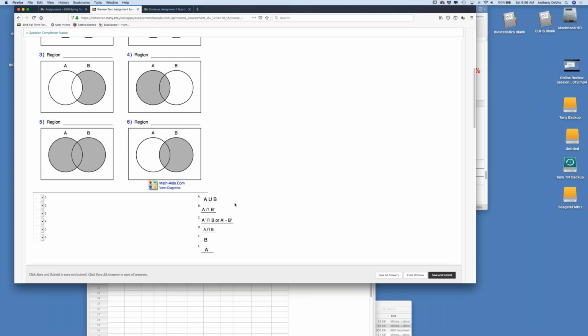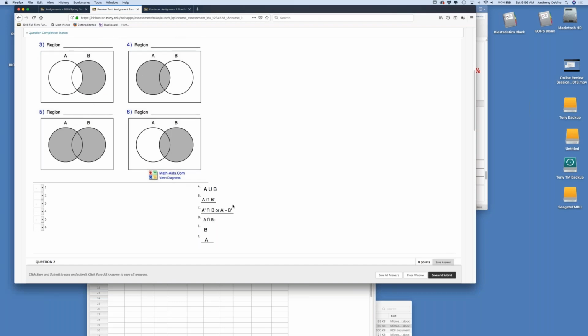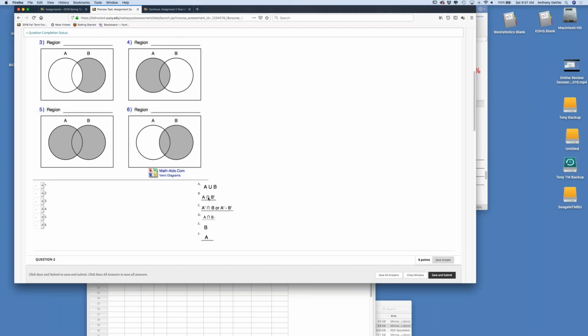Okay, so we've gotten through those two. Well, how about this one here? That gets a little funkier. It's the intersection of A with, and those have got to satisfy both conditions, A, and that little tick mark, that little apostrophe on B, represents not.